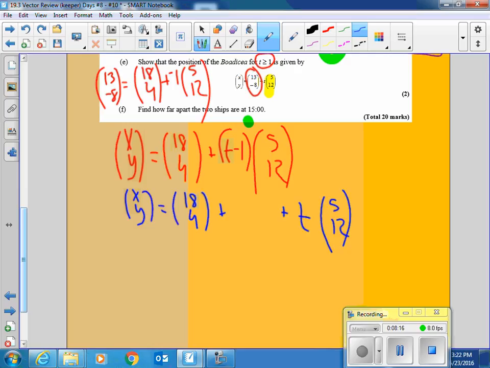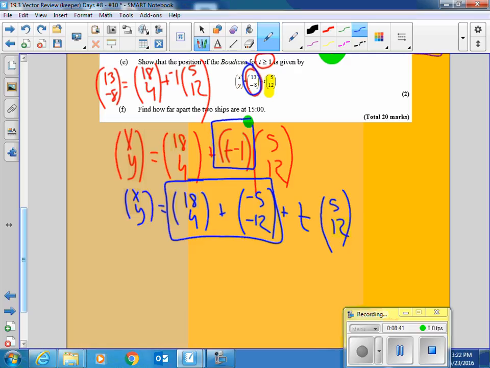Looks familiar? t times (5, 12). But then you've got this negative 1 times 5 and negative 1 times 12. So when you put these two together, that's how you get (13, negative 8) plus t times (5, 12). A little weird. When you do your bowling ball lab, you'll probably put the t minus 1 in there.